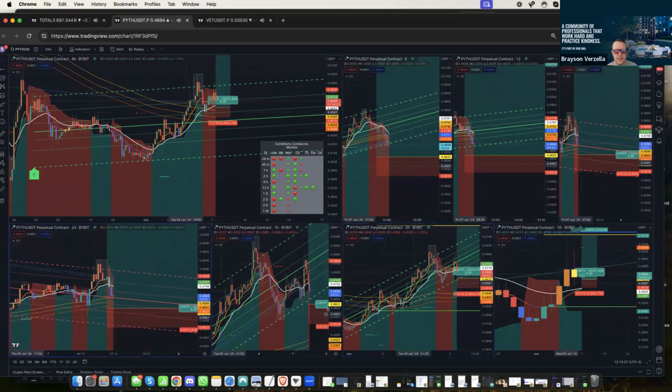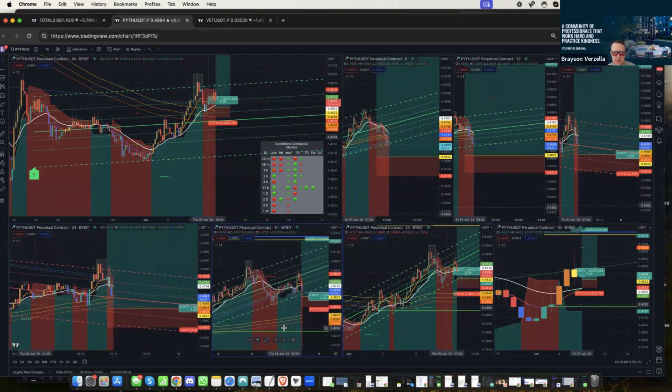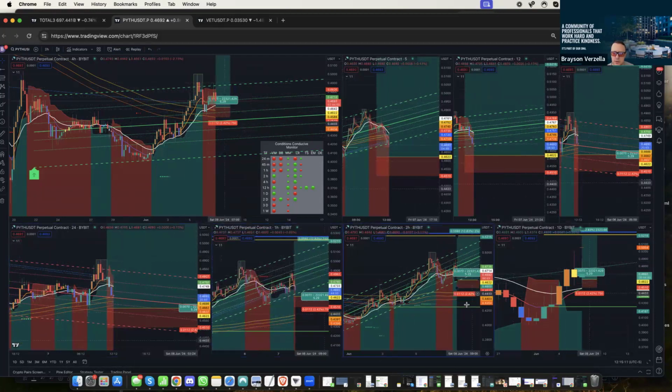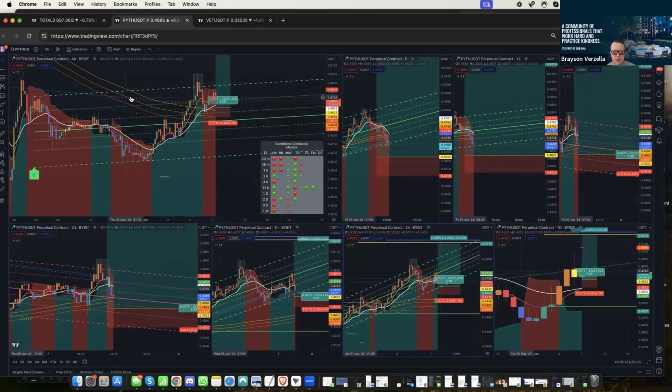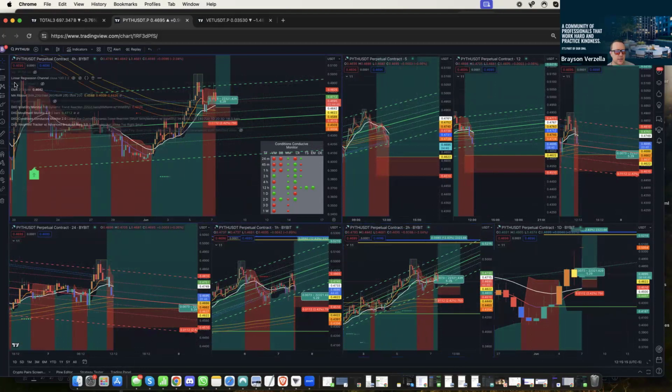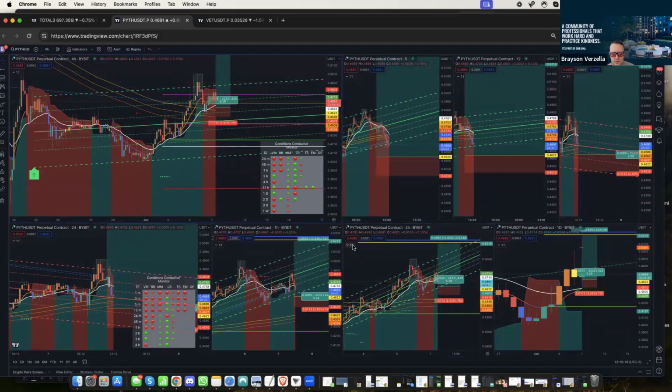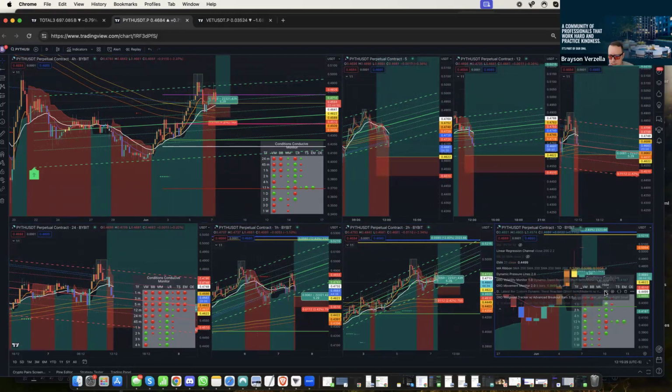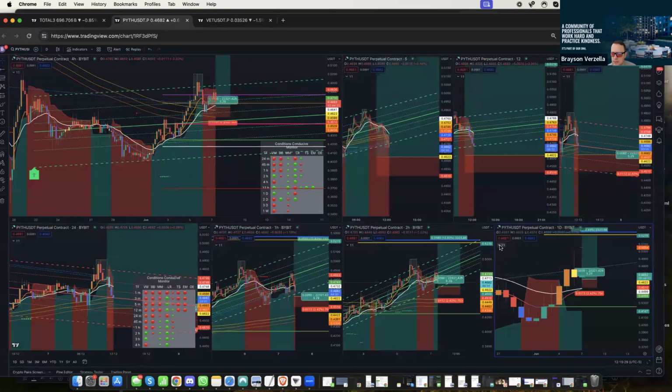avoid doing this based on what I see on these other time frames, or is there any reason I would move it, for instance? So you can obviously pull up these pressure lines on these other time frames as well. So we might say, is it that one? No, not that one. Oh, pressure lines are already on that one.